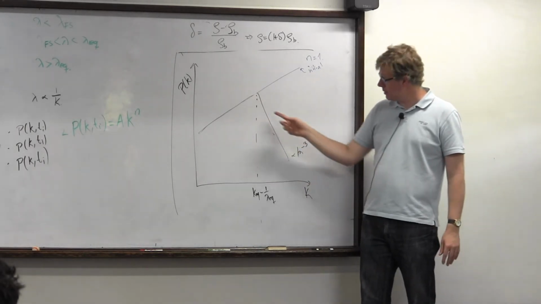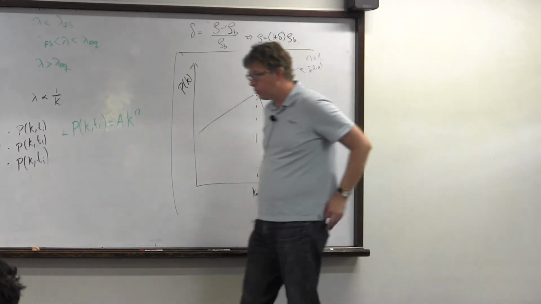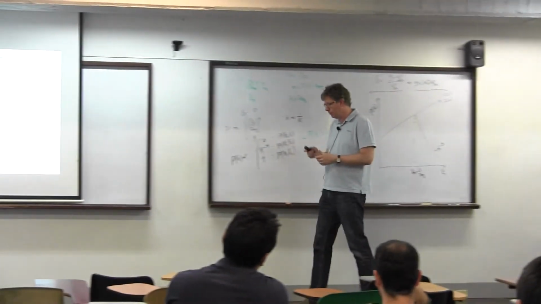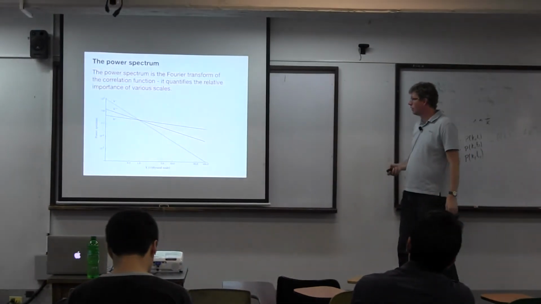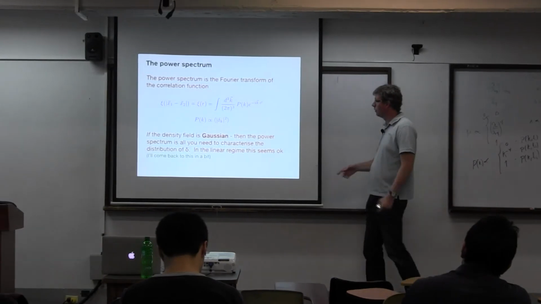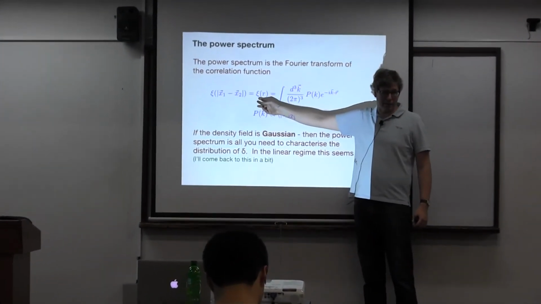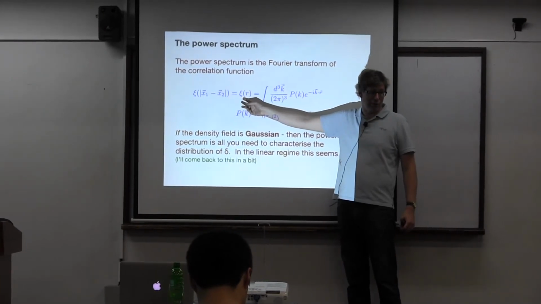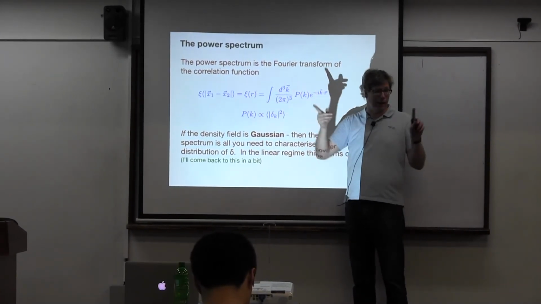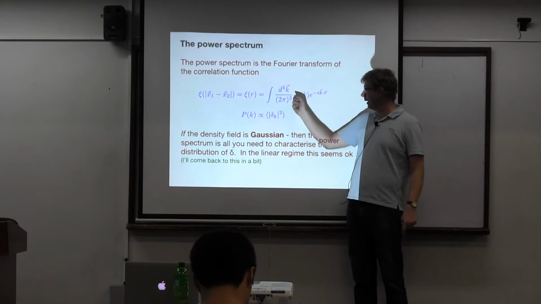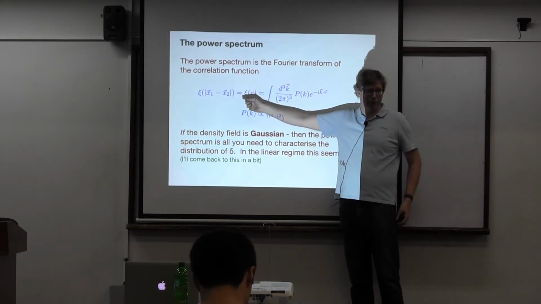And now remember, this is related to the correlation function, if you remember this equation here. So if I know what that function is, I can go back and calculate what that correlation function is. And that tells me when this is big, this is essentially big as well.